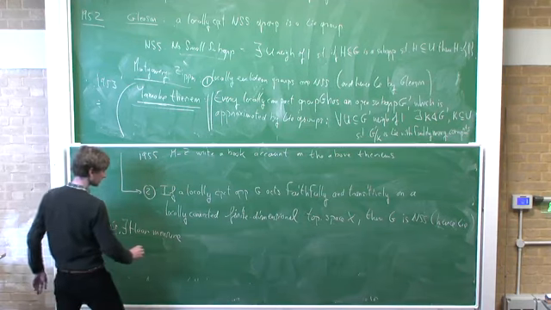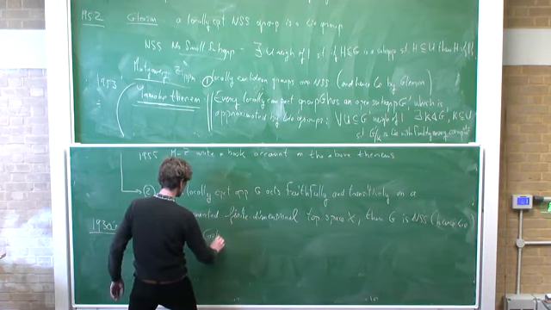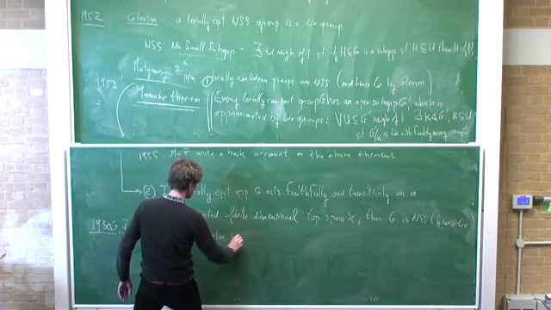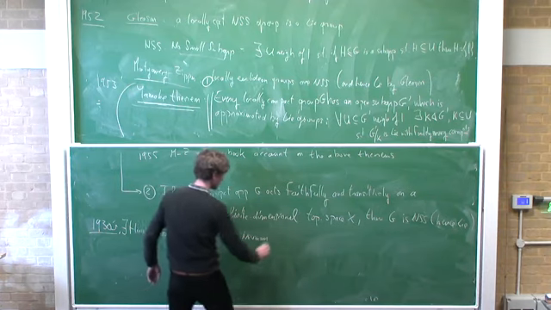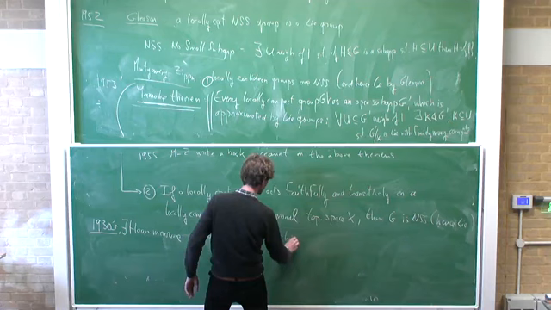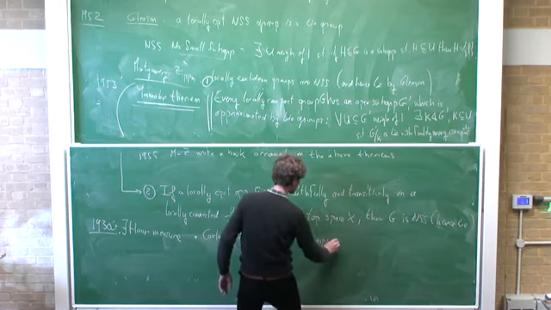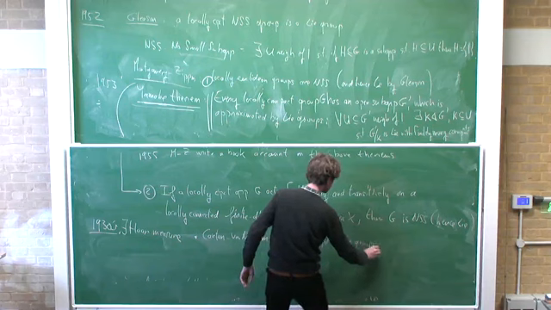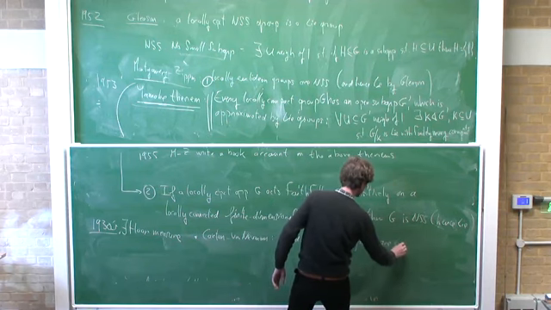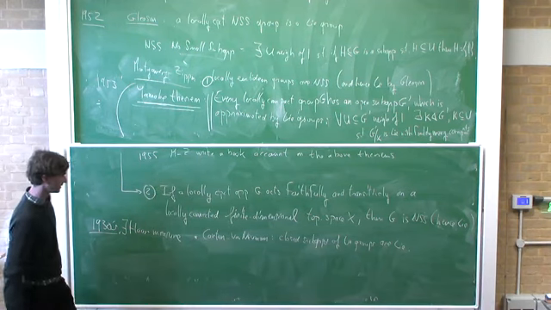At the same time, Cartan and von Neumann proved the theorem that closed subgroups of Lie groups are Lie groups. Those are important ingredients as well.